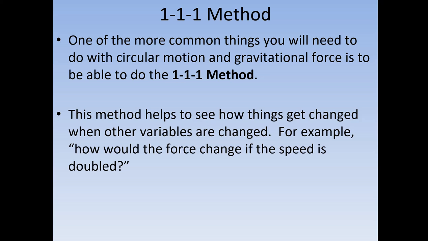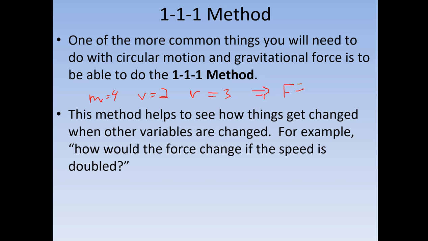Now, if you wanted to, you could actually just make up numbers and do the calculations that way. So if you're given this question and they're talking about circular motion, let's say, you can make up a mass, say that if the mass is 4, the speed is 2, and the distance is 3. Plug these in to figure out what the force is.